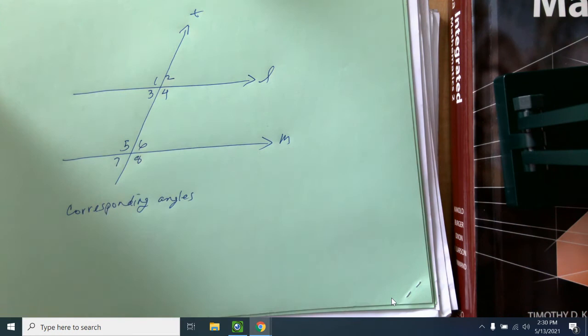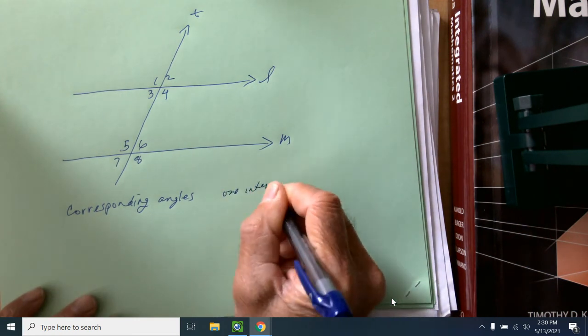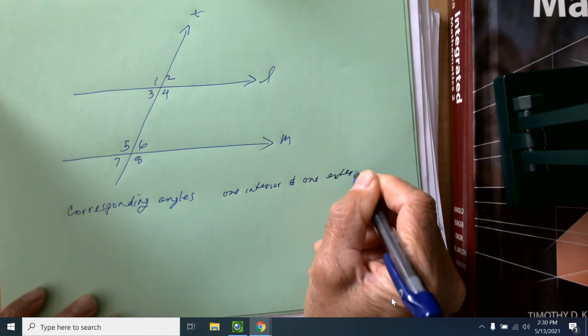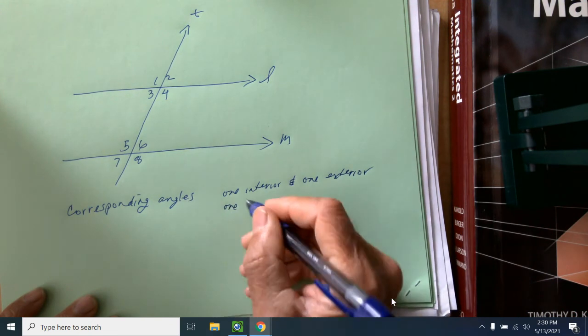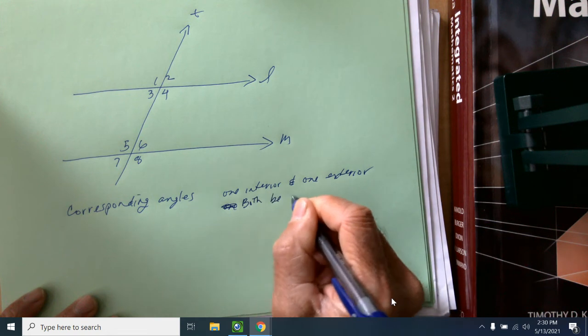You're going to have one of each. Okay. So you're going to have one interior, one exterior, and then they'll both be on the same side.